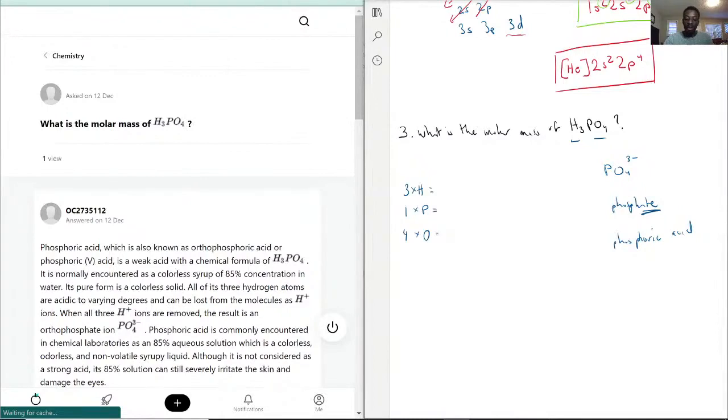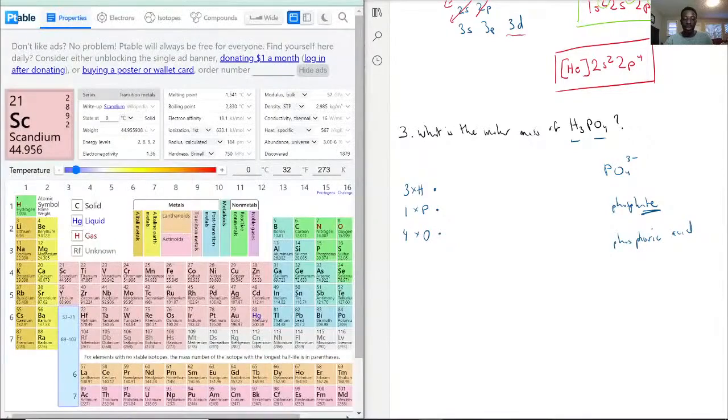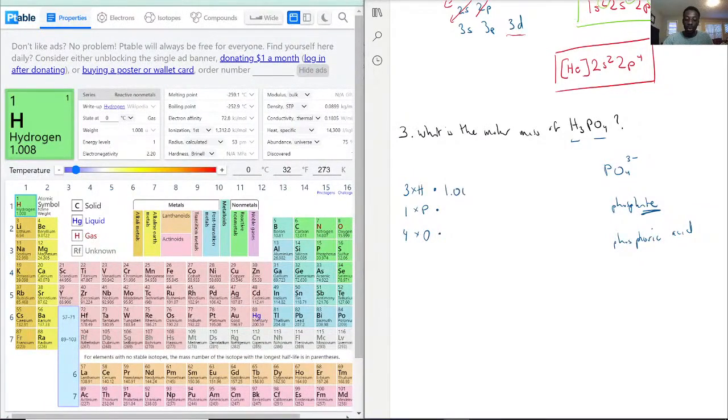That means 3 times hydrogen, so you want to multiply that by its atomic mass, and that would be right here. You see this number where it says the weight? That is the number we're going to use: 1.008, that's for hydrogen.